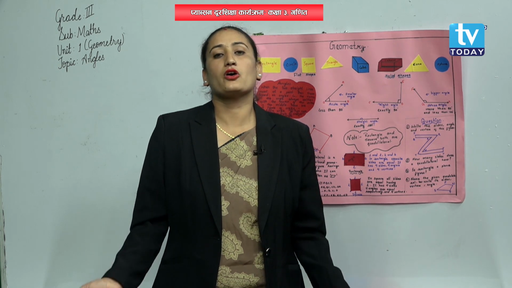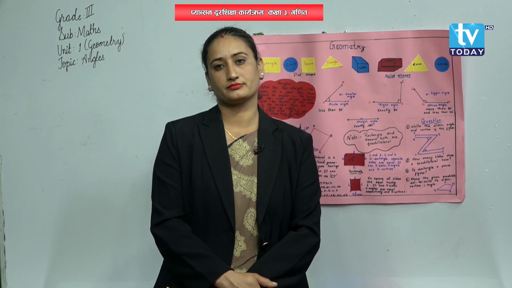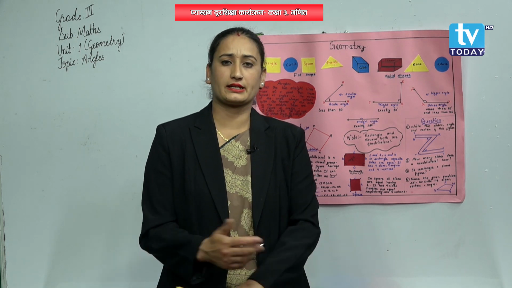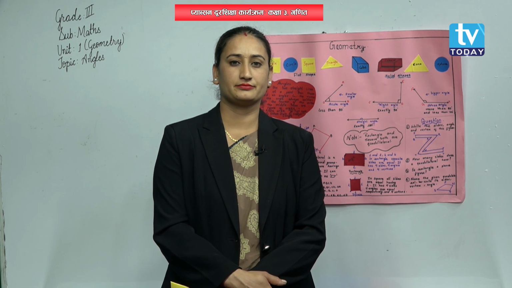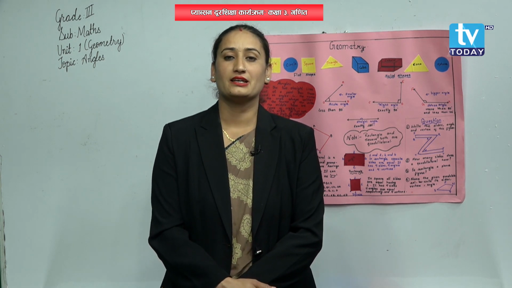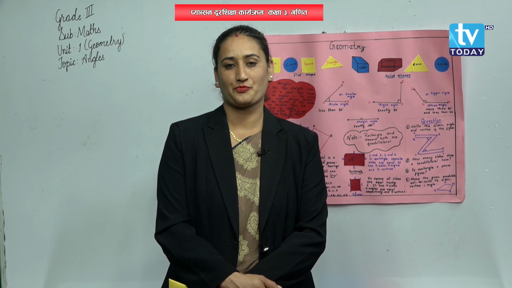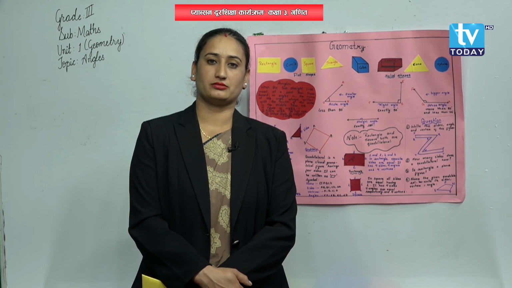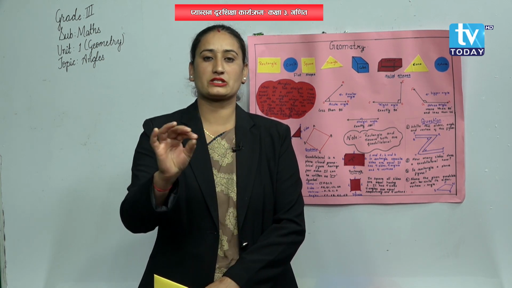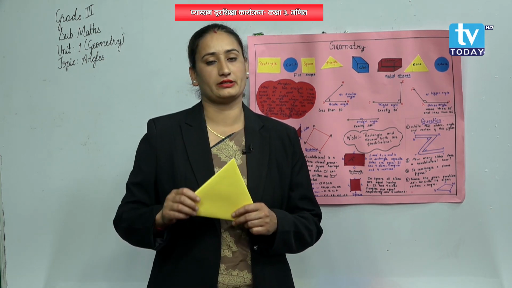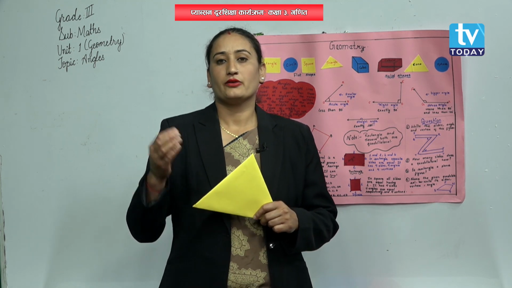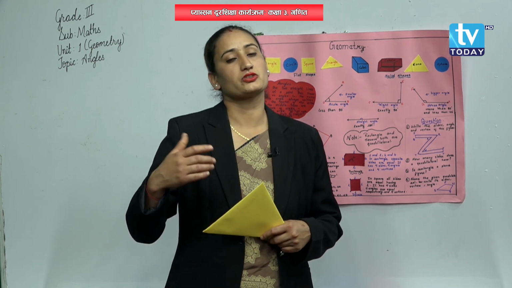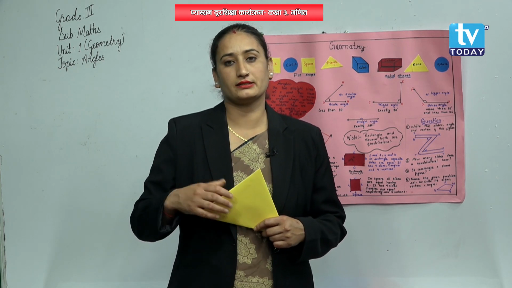Now, if none of the sides are equal, then what do we call it? None of the sides are equal. Then what do we call it? It's called a scalene triangle. We call it a scalene triangle. Done? This is just extra for you. You have to remember it and learn it also. Okay. So one is the equilateral triangle, the second is the isosceles triangle, and the third is the scalene triangle.